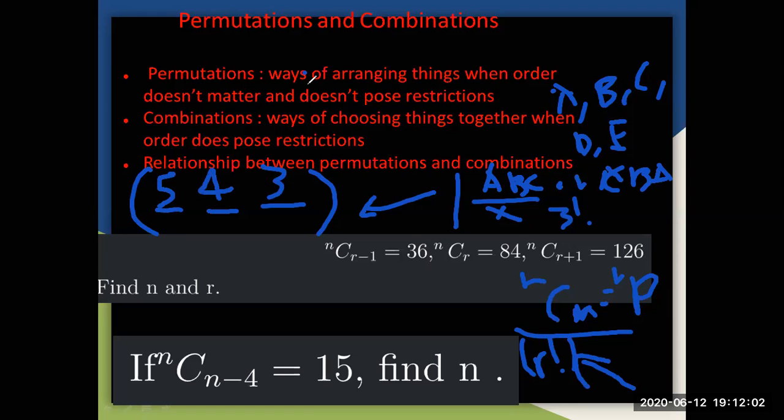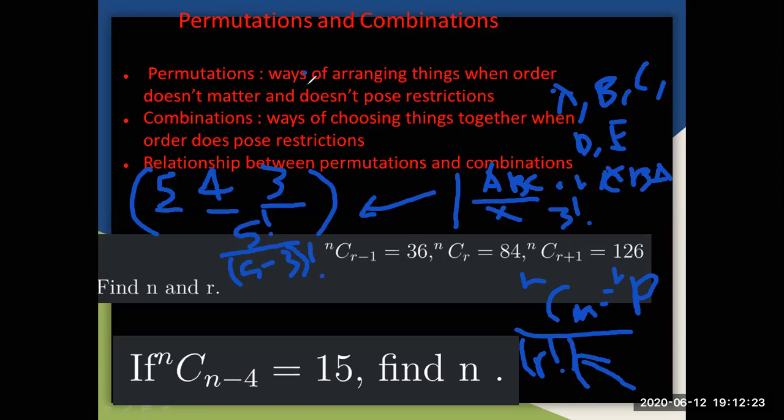And then again you can see where the combination expression comes from. So this is the same as 5 factorial divided by 5 minus 3 factorial.